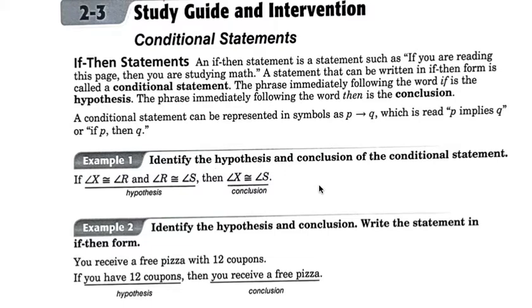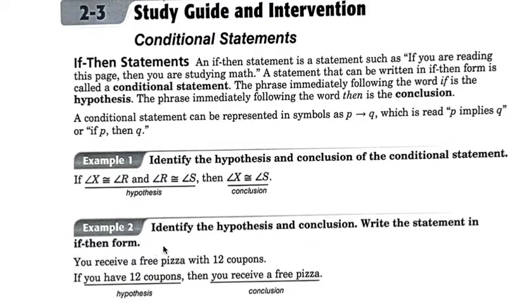Okay, example 1. Identify the hypothesis and conclusion of the conditional statement. Notice the hypothesis is after the if, runs up to the comma, and then the conclusion is after the then. Example 2. Now it says to identify the hypothesis and conclusion, but you have to write it out in if-then form first.